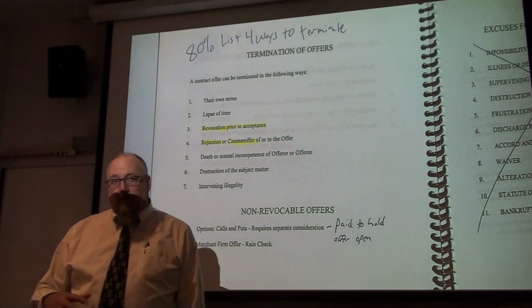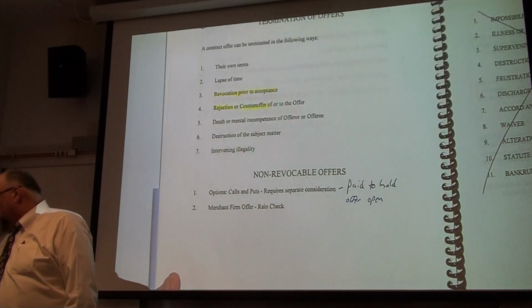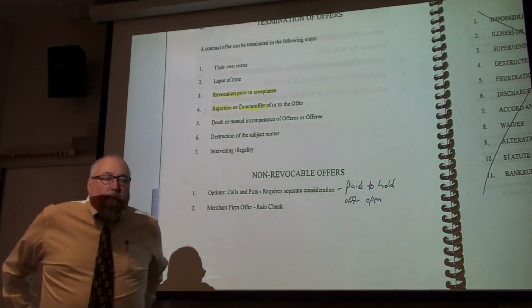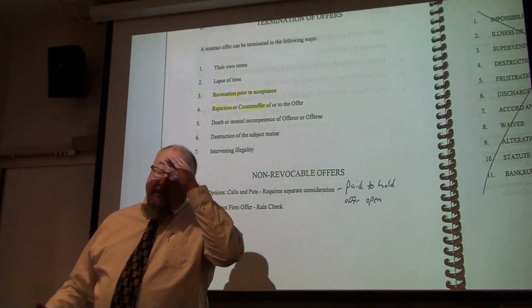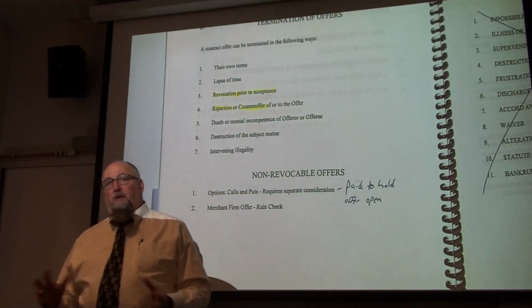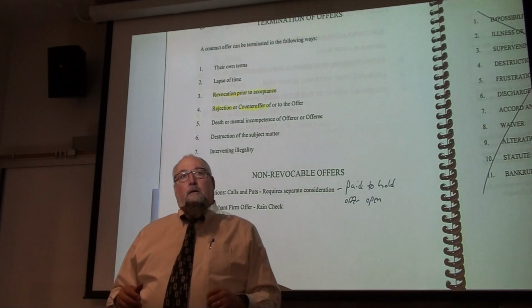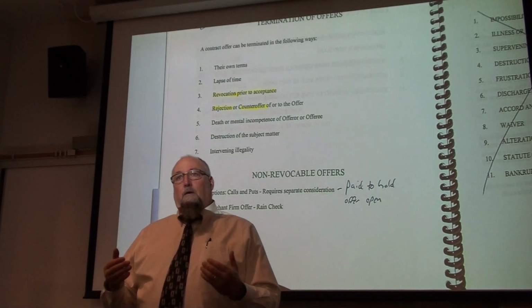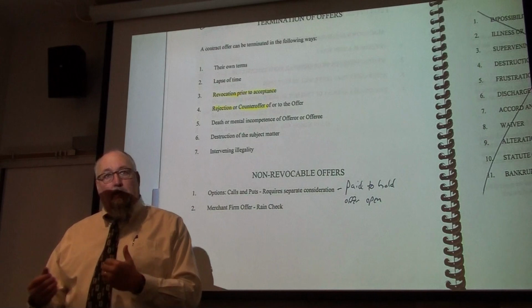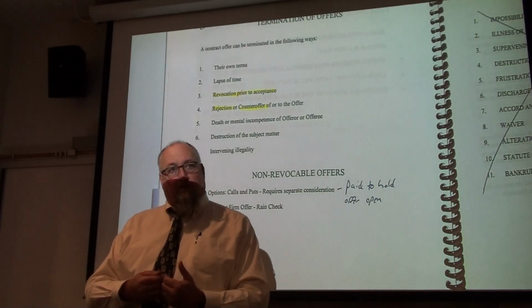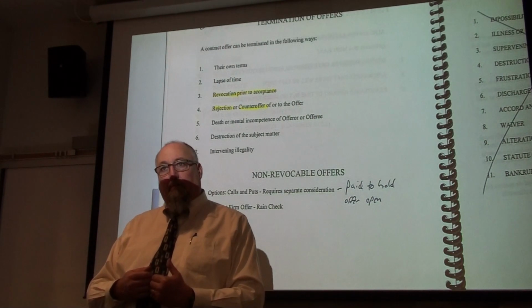So the first area where this applies is what's called an option. An option is a side contract. So the easiest way to explain an option is basically it's an offer that you've paid me to hold open. You've paid me additional money above and beyond the purchase price to hold that offer open.